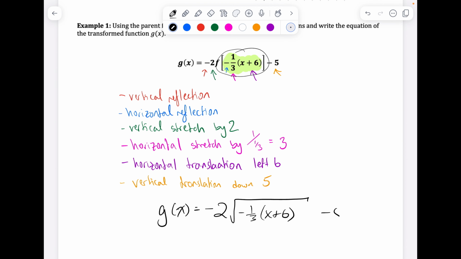And then outside the function, we have -5. So notice that I have my -2 and then my function is root. And then the inside is what we said, negative a third x plus 6. And then the final thing, minus 5, is outside the function. Okay?